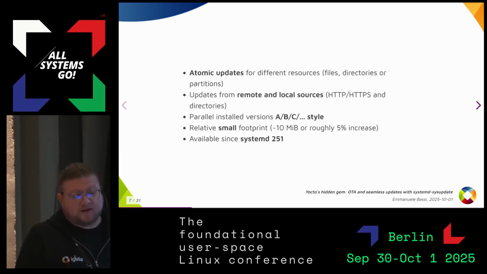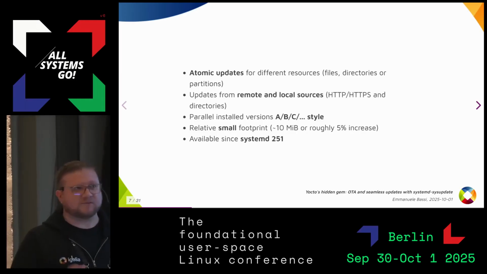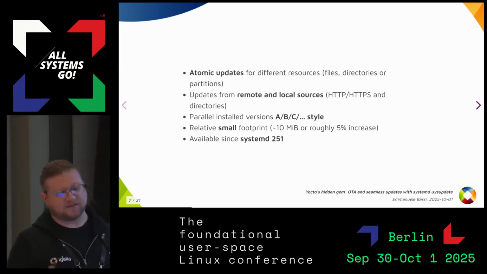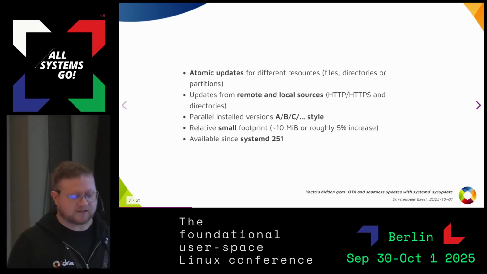The important thing is that it has a relatively small footprint on the final image. Roughly, if you take the minimal image possible, it adds about 5% more space. The smallest possible image is less than 50 megabytes, and this one adds about 10.